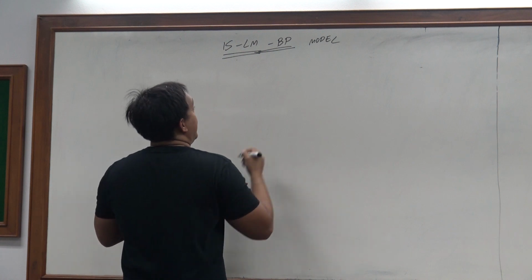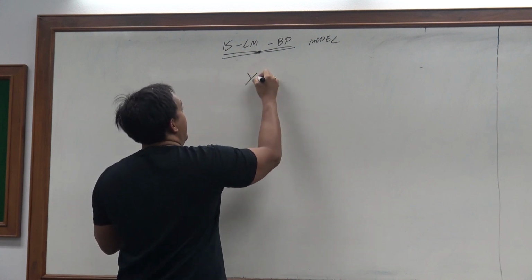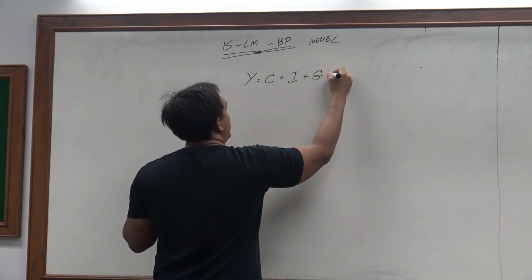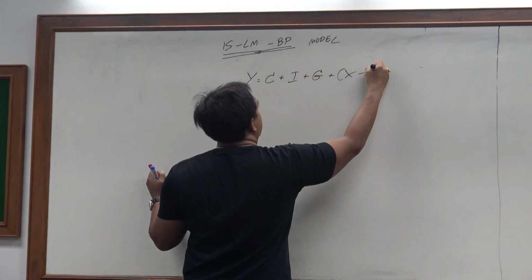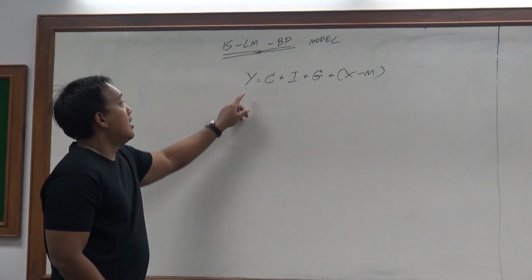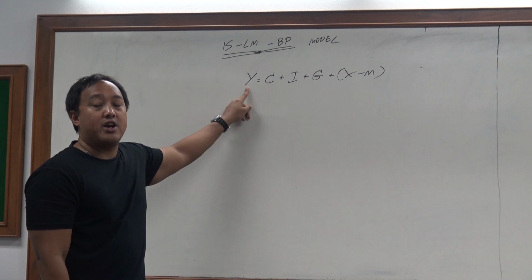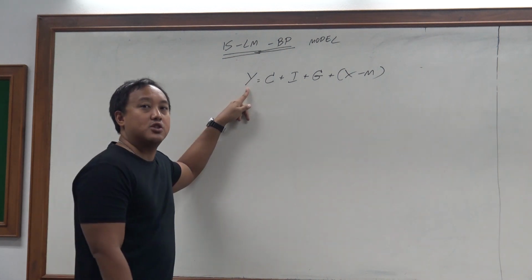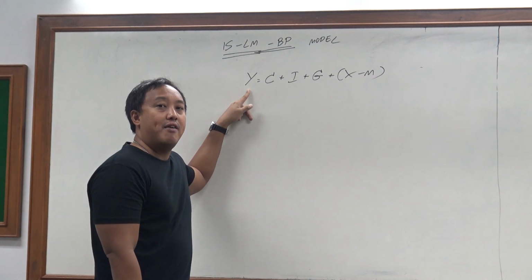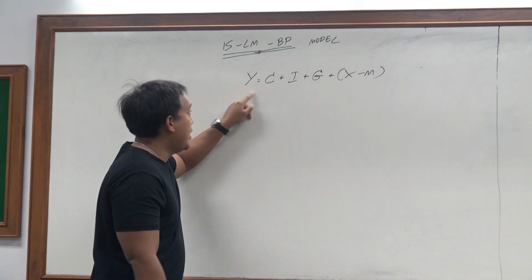From this equation, y equals c plus I plus g plus x minus m. The total output of the economy, y, is like the total GDP, gross domestic product, the level of product you can produce in our country.